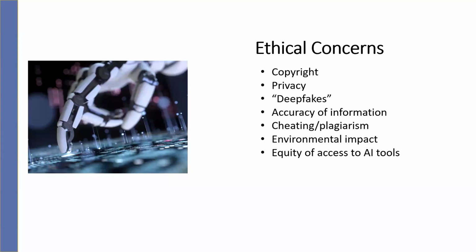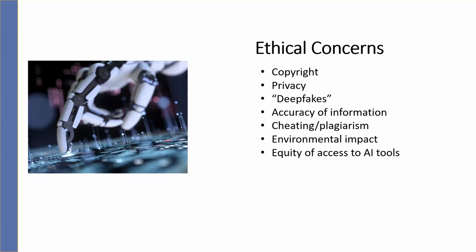Then there are deep fakes, which you may have heard of. That is a situation where somebody uses an AI tool, usually an image generator or a video generator, to produce, in many cases, explicit content with the image of another person without their consent.